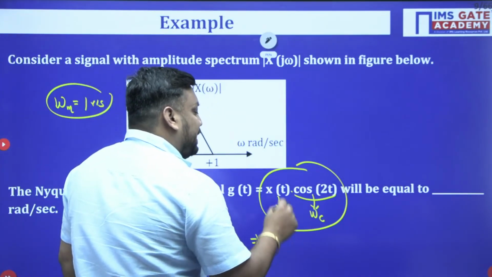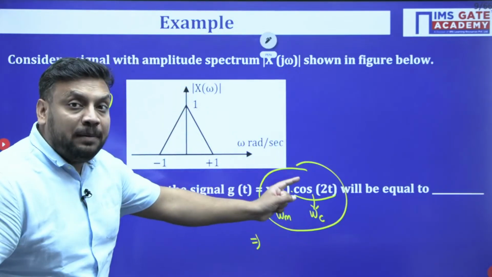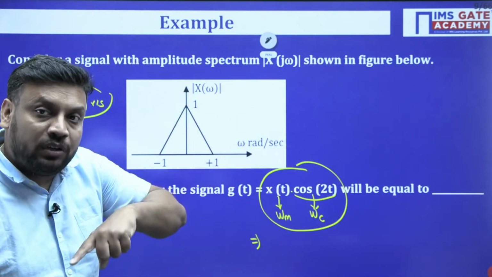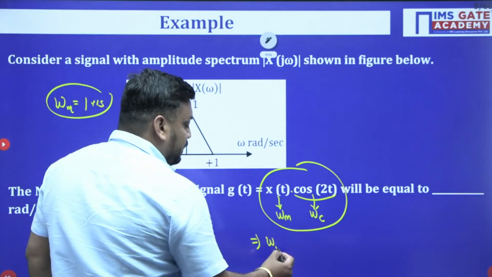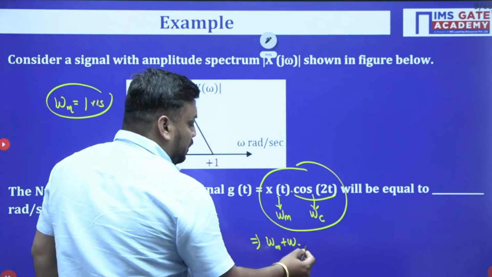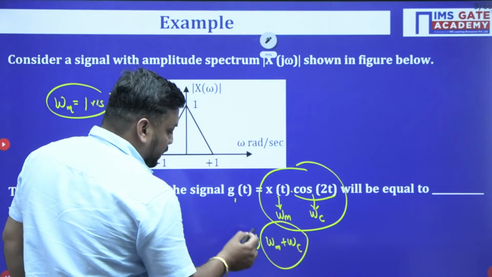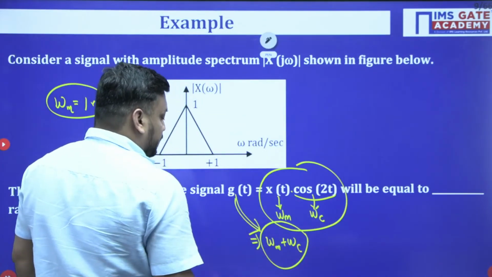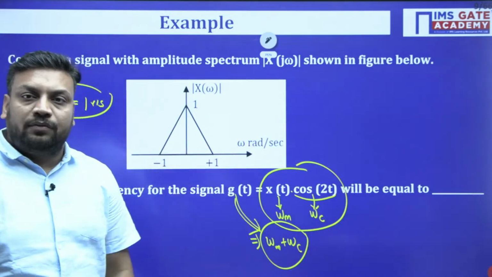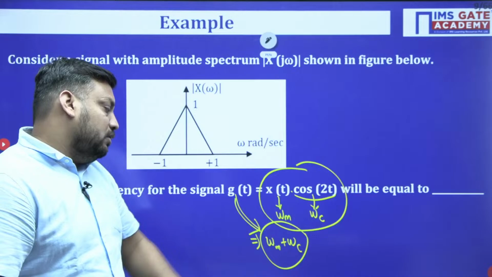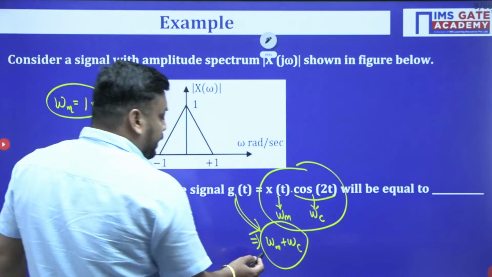Don't you think multiplication in time is nothing but convolution? It means the maximum frequencies add in the convolution, so the maximum frequency of g(t) is nothing but omega m plus omega c.